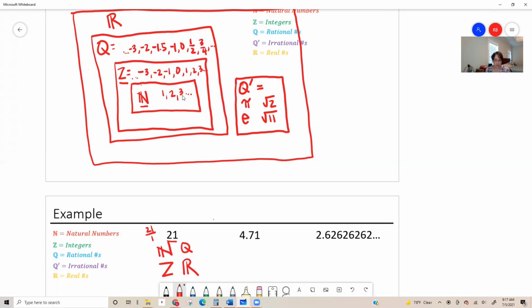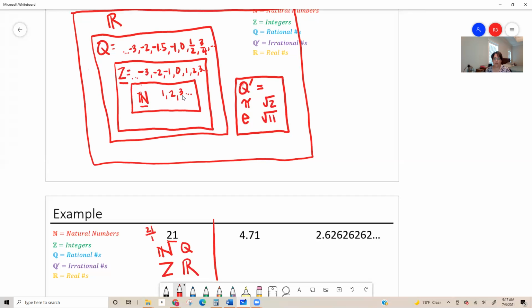Okay, now let's take a look at 4.71. Now, the number 4.71 is not a counting number. It's not an integer because the integers don't have any decimals. And then you have Q, which is your rationals.